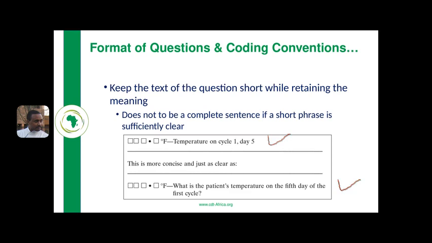And the same question could be asked as, what is the patient's temperature on the fifth day of the first cycle? So the first one is preferable because it gives the same meaning, but the form completers are required to spend shorter time. And this way, we can increase the efficiency of the form.